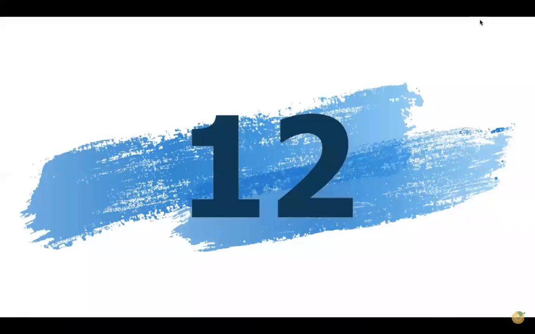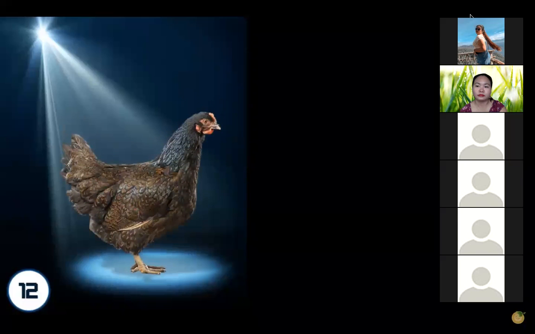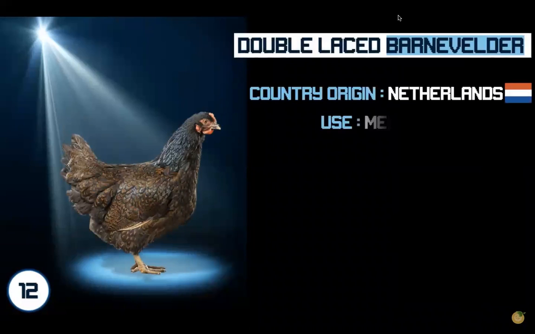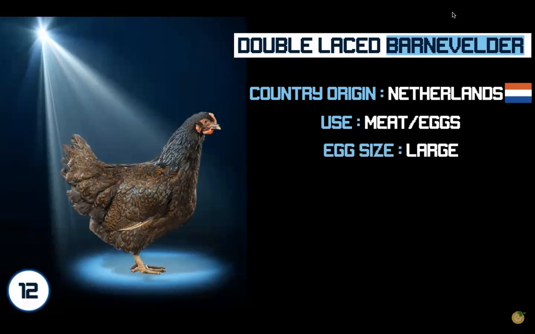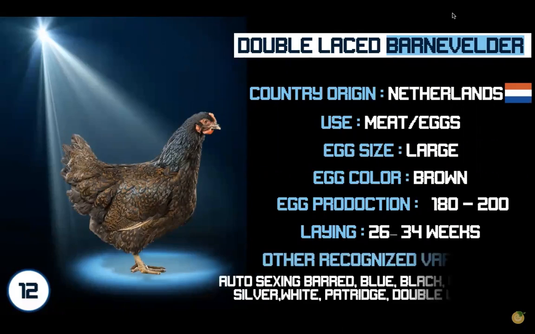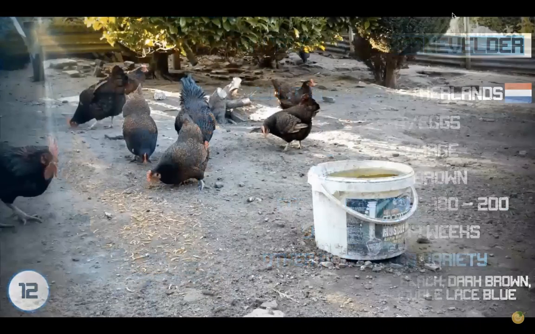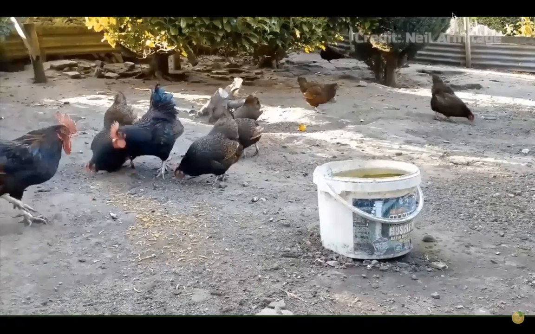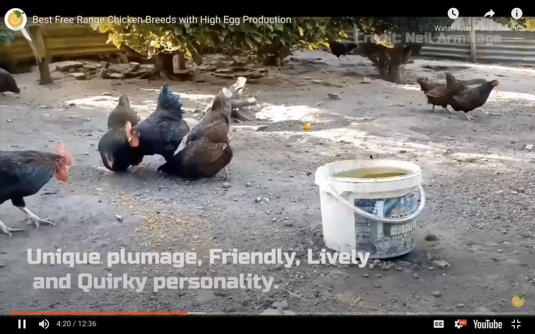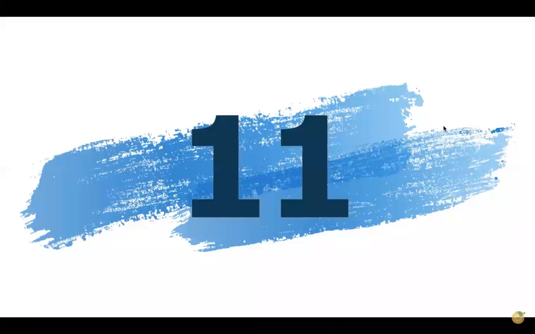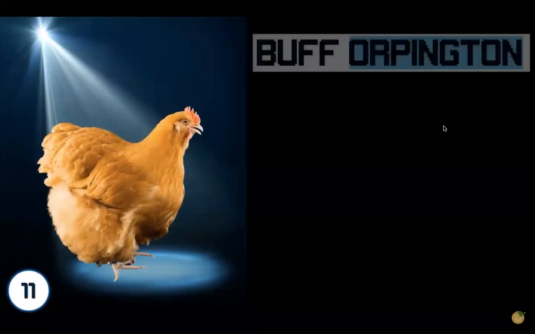Number 12, Double Laced Barnevelder. Number 11, Buff Orpington.